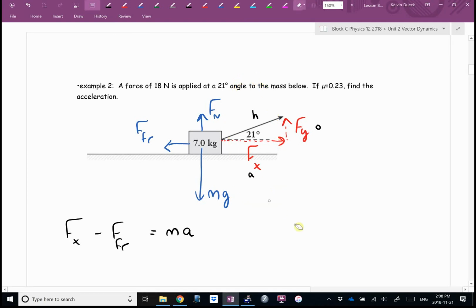Cos, you say. So, this is going to be F applied cos theta, that all right? Minus mu times the normal force. I don't know the normal force.